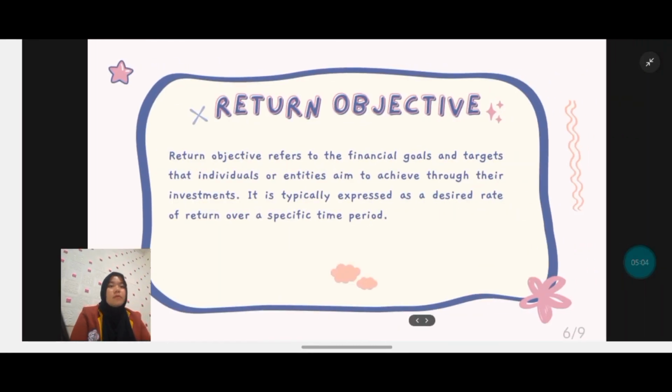Next, return objective. Return objective refers to the financial goals and targets that individuals and entities aim to achieve through their investments. It is typically expressed as a desired rate of return over a specific time period.